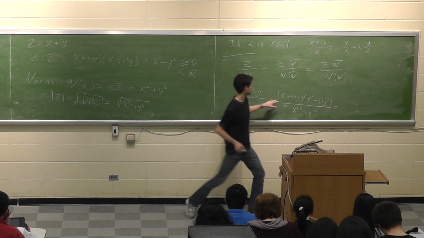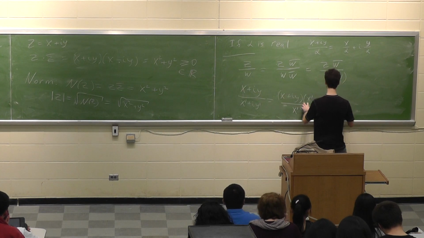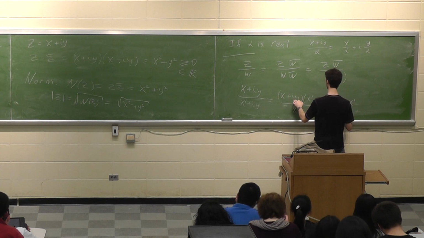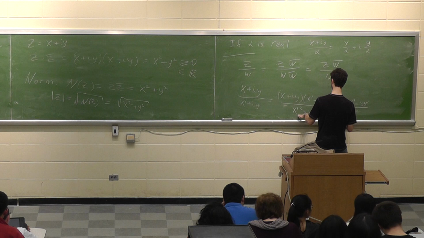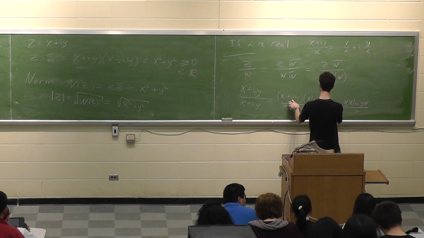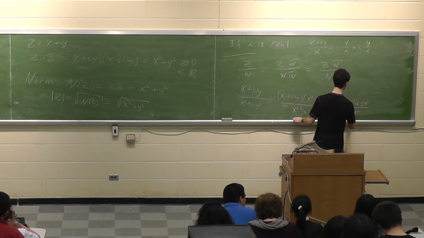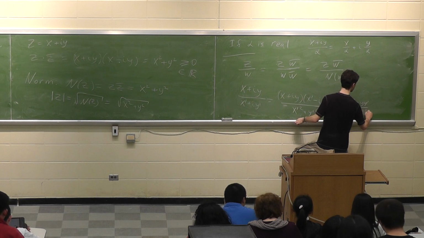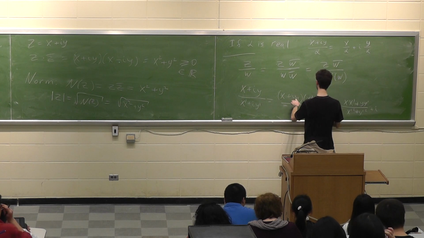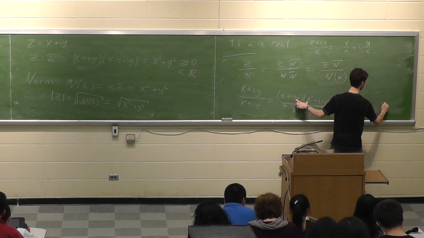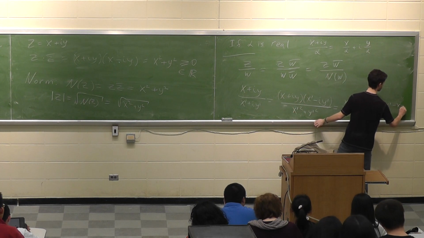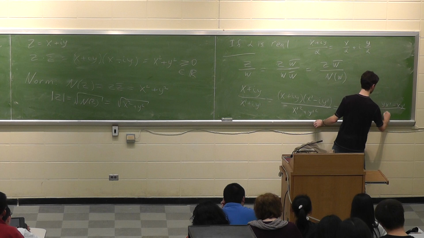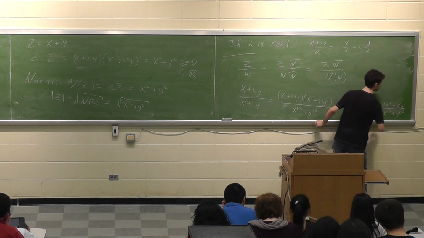And the answer is the complex number with coordinates x prime minus y prime divided by x prime squared plus y prime squared, plus i times (y x prime minus x y prime) divided by x prime squared plus y prime squared.